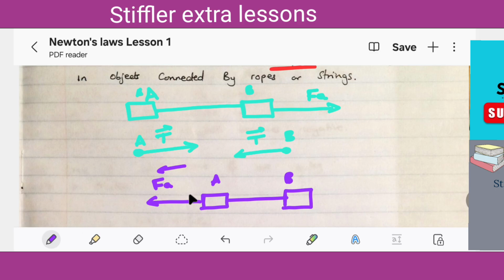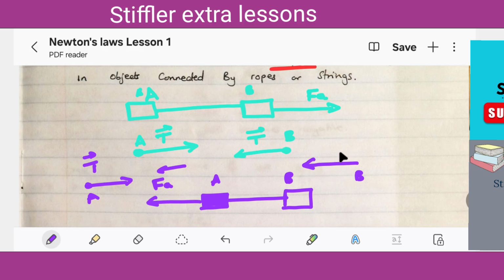So the tension according to block A will be going backwards, since this object is giving the applied force to block B so that it can pull block B. So for B, the tension will be in that direction.